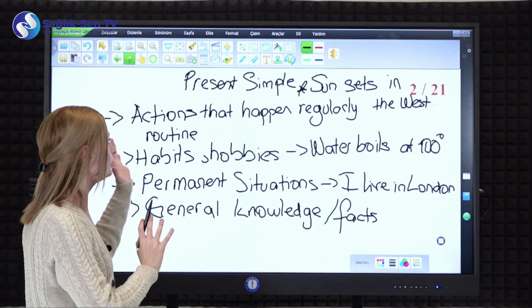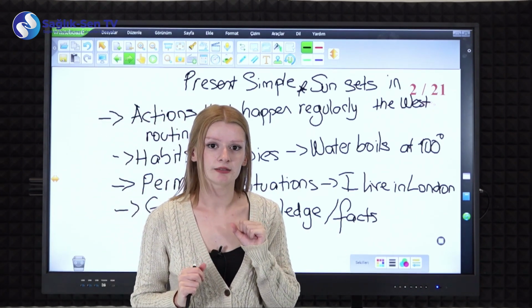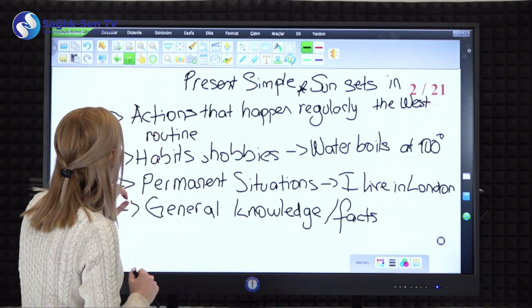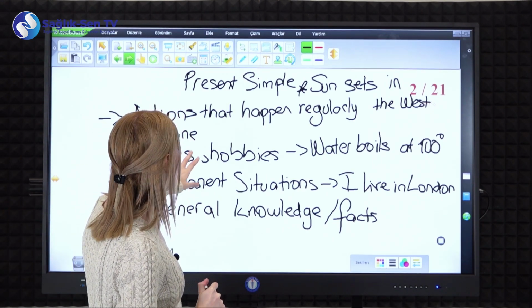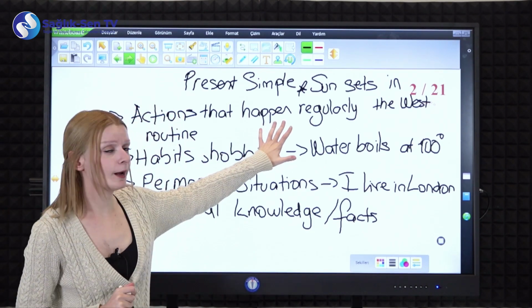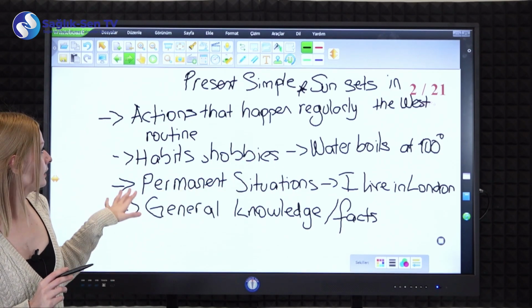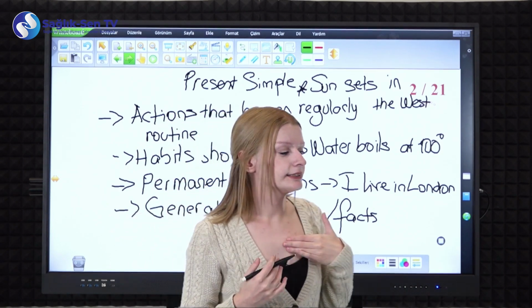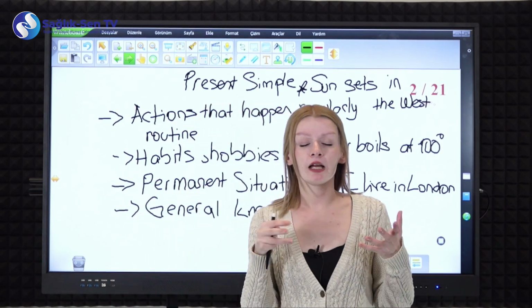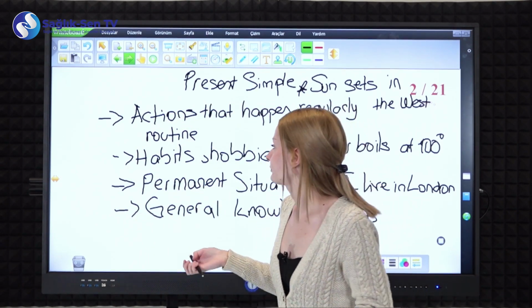Okay, we talked about present simple at the first place. We said we are talking about actions that happen regularly, we are talking about a routine.